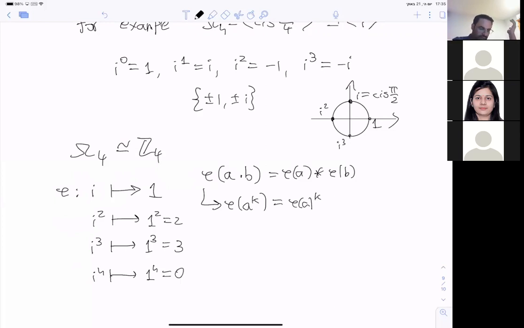Because it should have been 4, but 4 modulo 4 is 0. I mean, there is no remainder. So you get that the neutral goes to the neutral. We are going to see that it's always like this: the neutral goes to the neutral in an isomorphism.